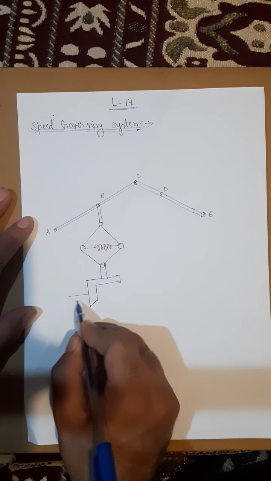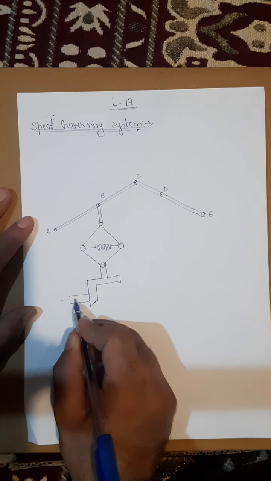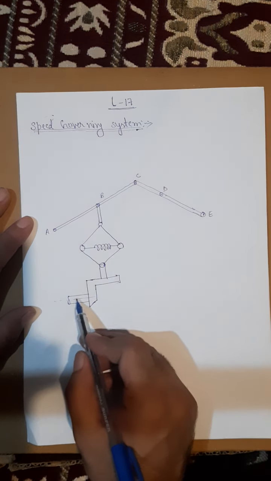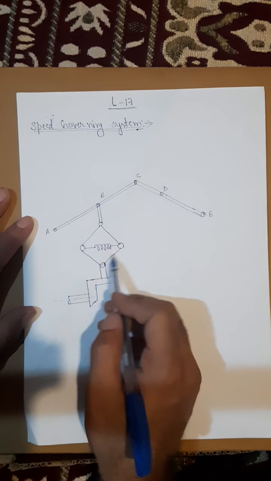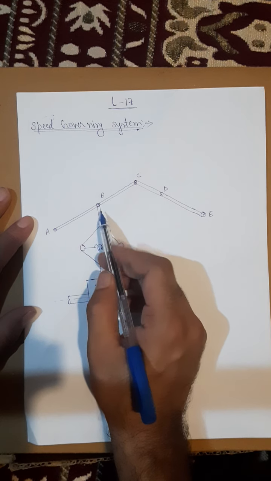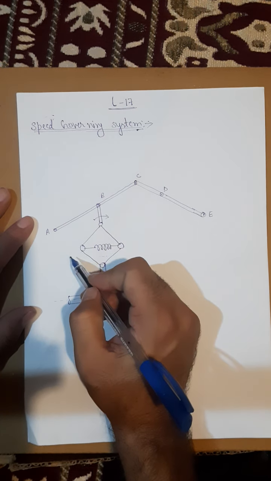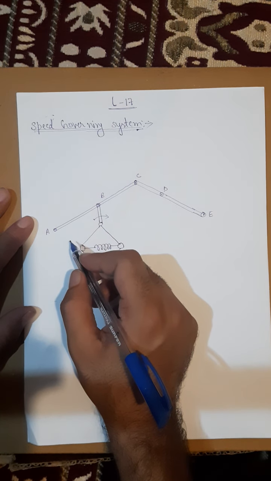This is the shaft of the turbine, and this is the axis of the shaft. So this shaft rotates, and these fly balls will also rotate in this direction.